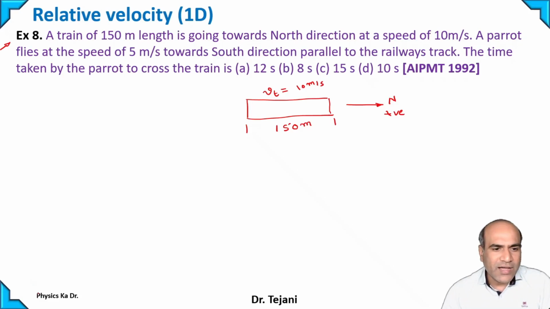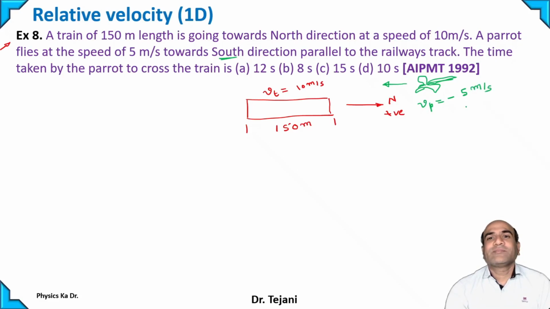A parrot flies. Let's change the color and let's have the parrot. It flies in the opposite direction, towards south, and therefore velocity of parrot, let's say Vp, should be minus 5 meter per second, parallel to the railway track.